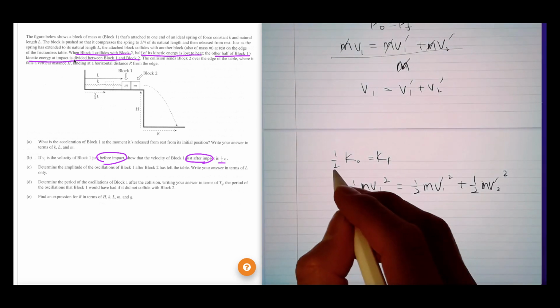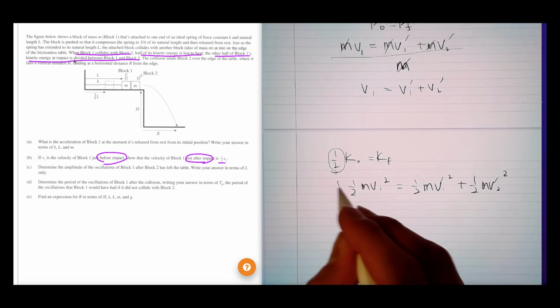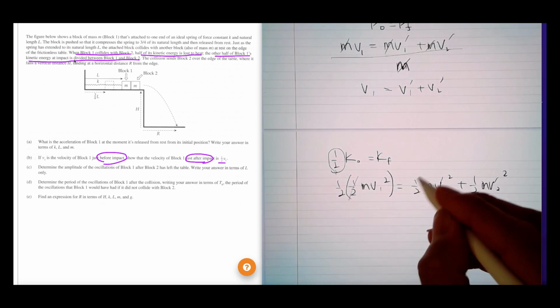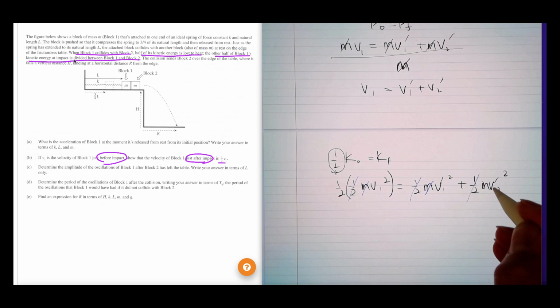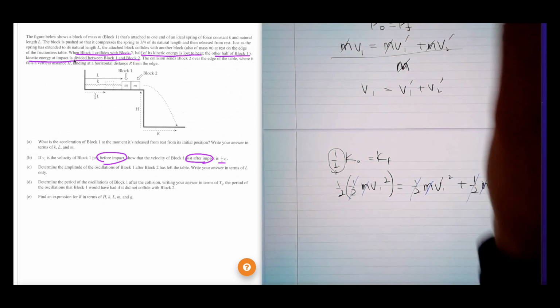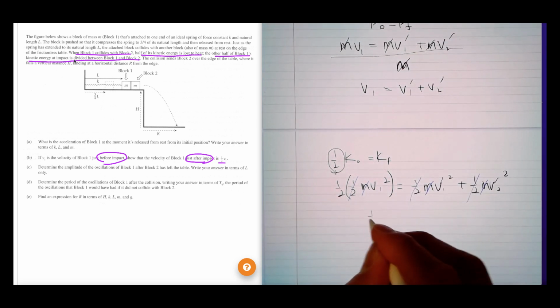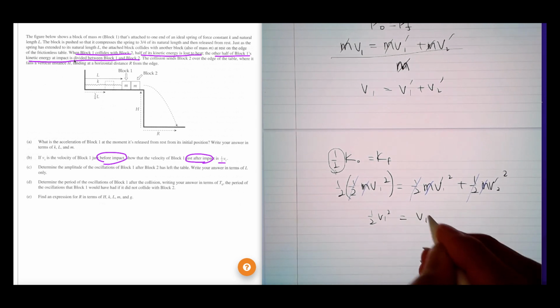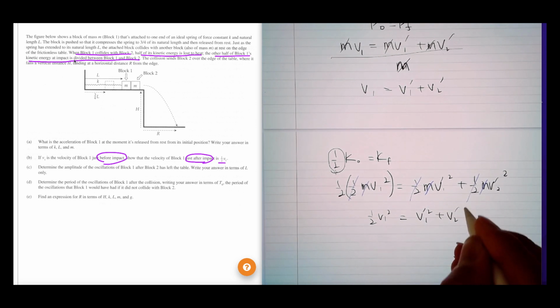But what you need to be careful about is there's a 1/2 in front, and now we can knock out the 1/2 and the mass m. So that gives us 1/2 v1 squared equals v1 prime squared plus v2 prime squared.